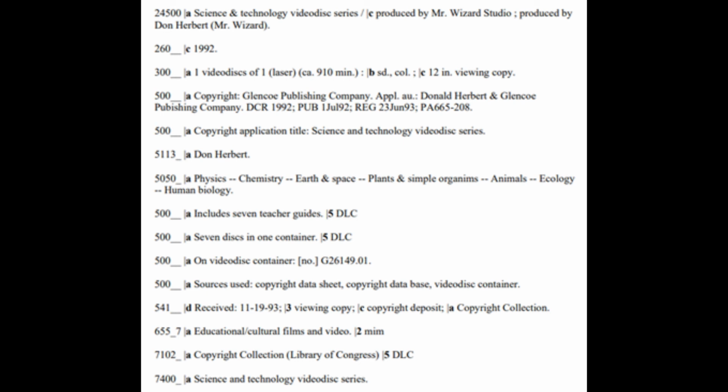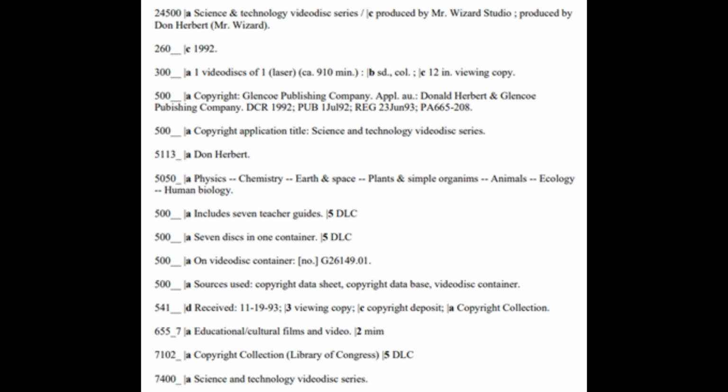So received in November 19, 1993. It's a viewing copy, copyright deposit, and copyright collection. So you may either have this information or not. And you can indicate this information also in tag 500.